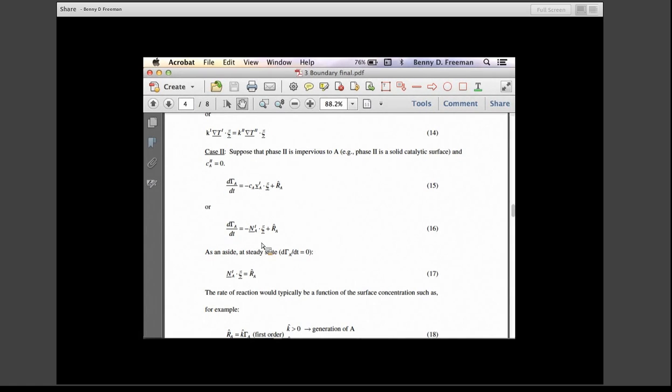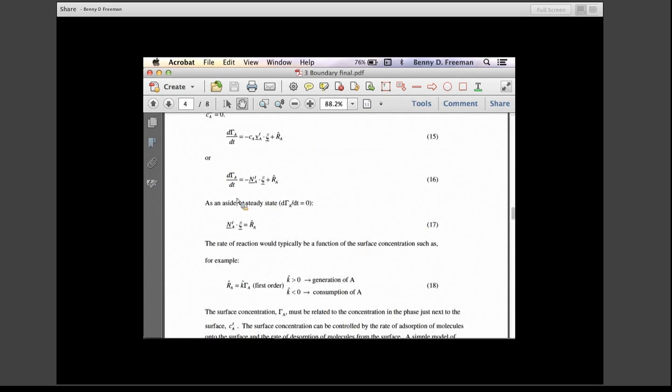And what it says is that the time rate of change of the moles of A that are adsorbed to that surface is equal to the net rate at which A is brought to that surface plus the net rate of production of A by chemical reactions. So there are two mechanisms to change the number of moles of A that are adsorbed on that surface. You can either bring A to the surface or take it away by diffusion or convection effects, or you can have chemical reaction generate or consume A at the surface.